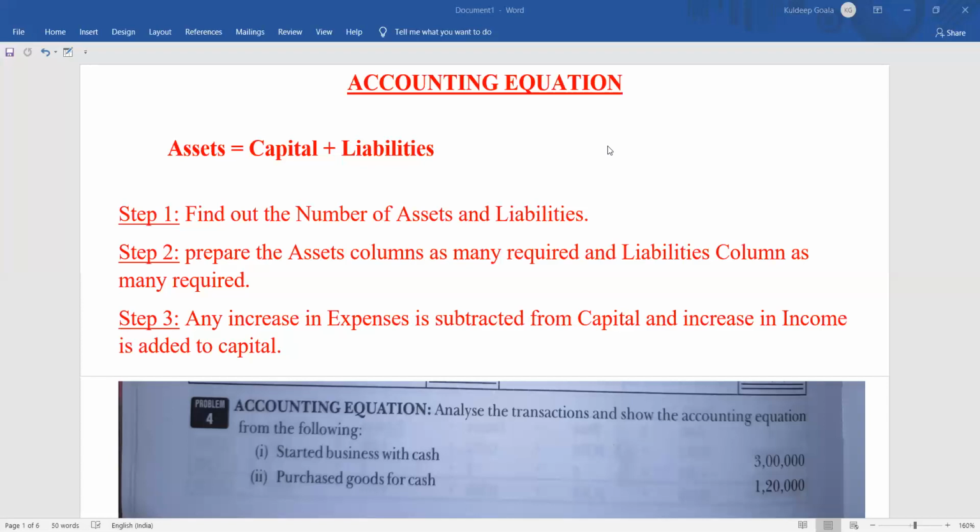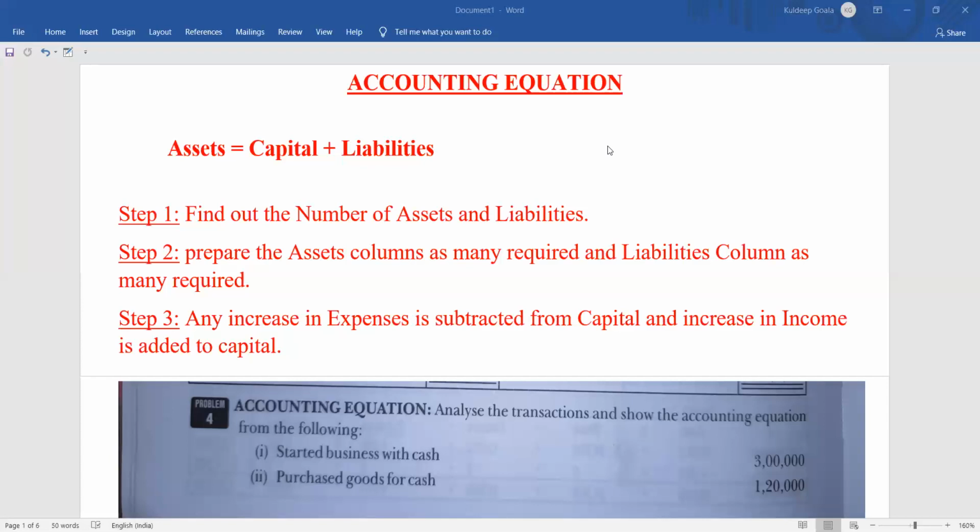So for example, if you're building a house for say 10 lakh, out of the 10 lakh, you are investing say 6 lakh from your pocket. Okay, 3 lakh you are taking from a bank loan, and 1 lakh rupees you are taking from your relatives. So once the building is ready, the building value will be your asset. 10 lakh of building value is your asset, which is equal to your capital, how much you are contributing, 6 lakh, plus liabilities.